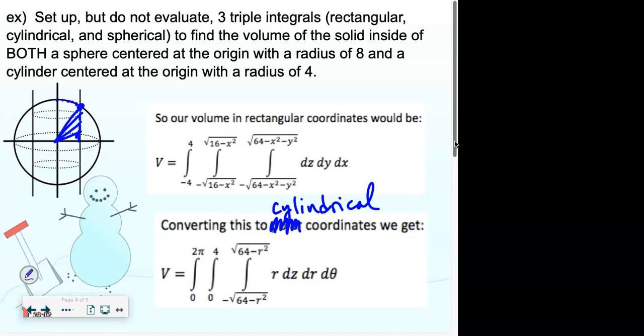You have different rhos. So that's why you have to have a set of integrals for the sphere part and a set of integrals for the cylinder part. The part for the cylinder will have its phi from here to here, and the part for the sphere will have its phi from here to here.